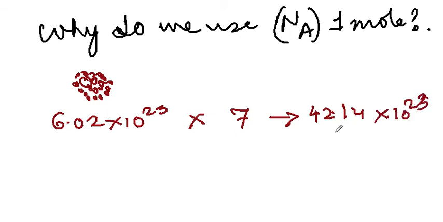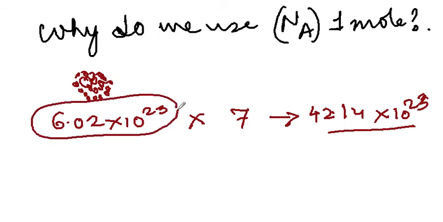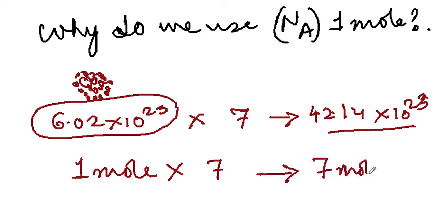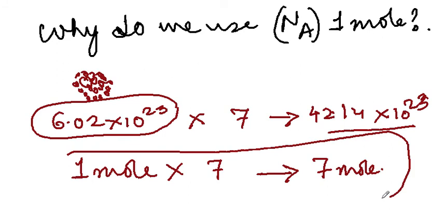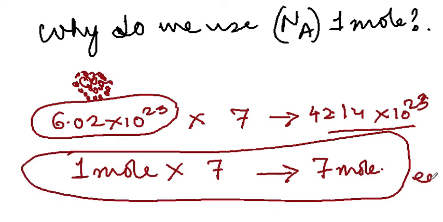It is a relatively larger number and it will take a bit of time. But if we simply say 1 mole and multiply that by 7, it is 7 mole. This is easy. So by introducing a word like mole, we produce an easy way of doing calculations for large numbers like 6.02 into 10 to the power of 23 items.